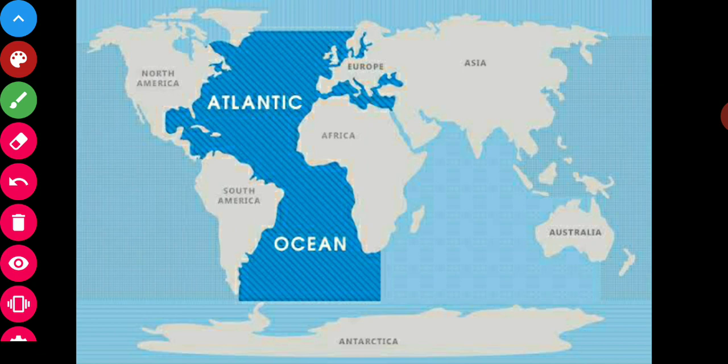The Pacific Ocean, the Atlantic Ocean and the Indian Ocean merge at a certain point known as the Antarctic Ocean. This Antarctic Ocean surrounds the landmass of Antarctica, and it is also called the Southern Ocean.